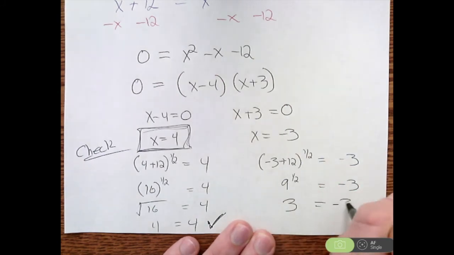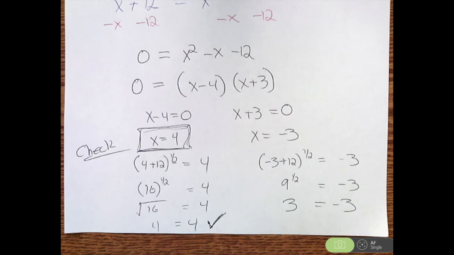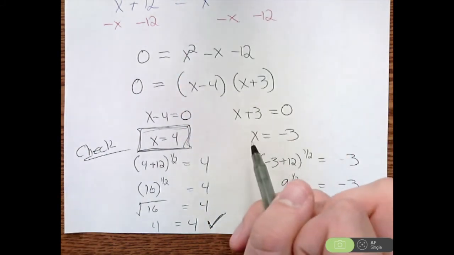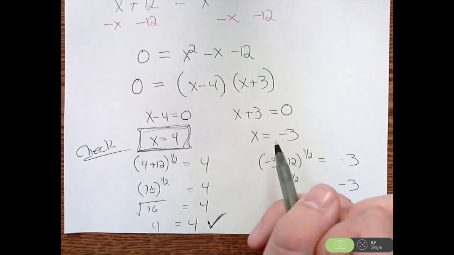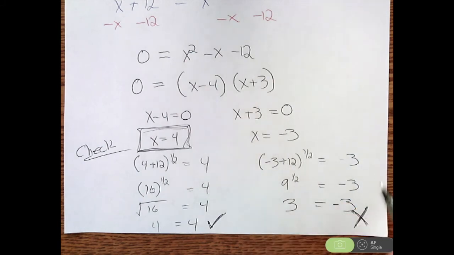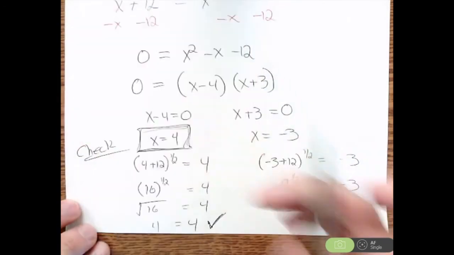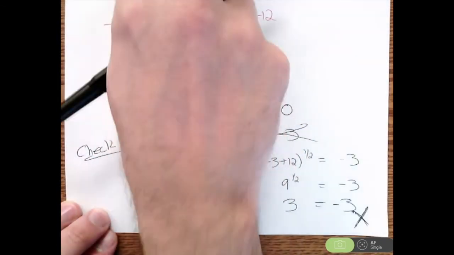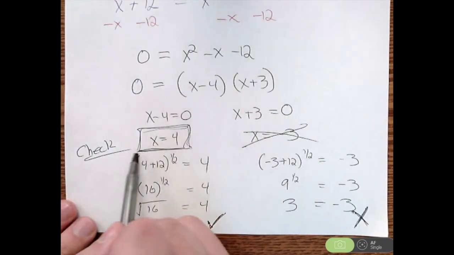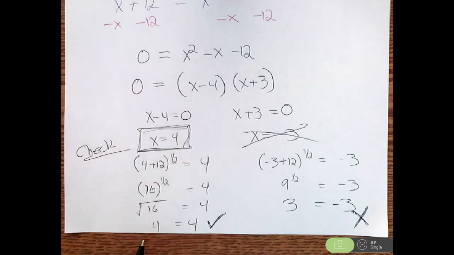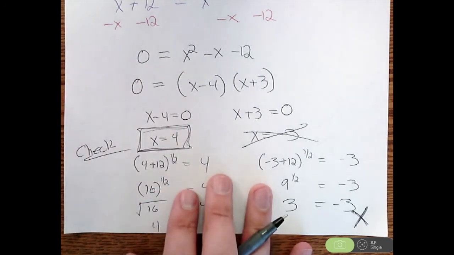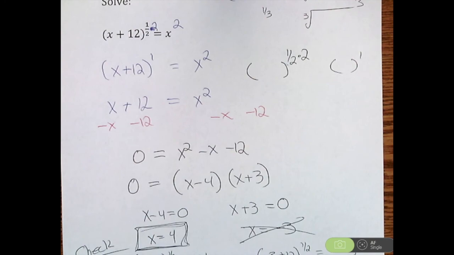So we get 3 equals negative 3. Those are not equal; one's positive and one's negative. So our math was correct up above, and we got x equals negative 3, but this is an extraneous solution, which means you think it's a solution, but it's not. It is not one of our solutions to this problem. So only x equals 4 is a solution. And that was solving equations with rational exponents.